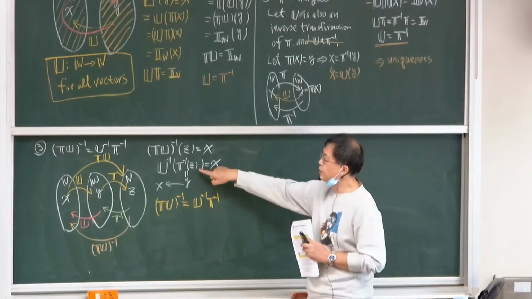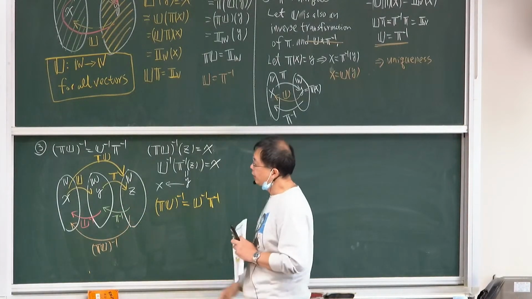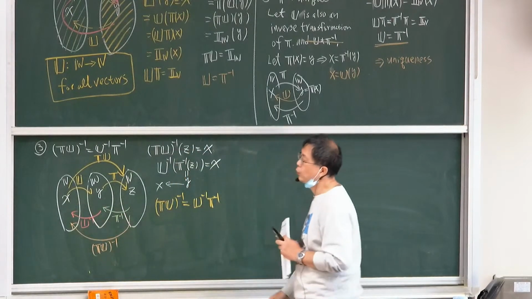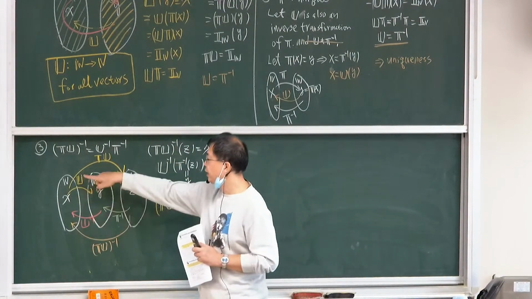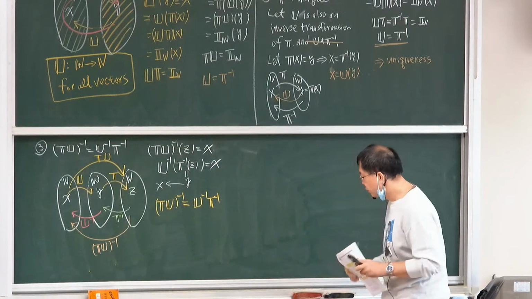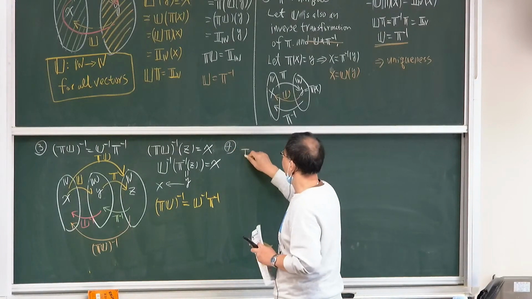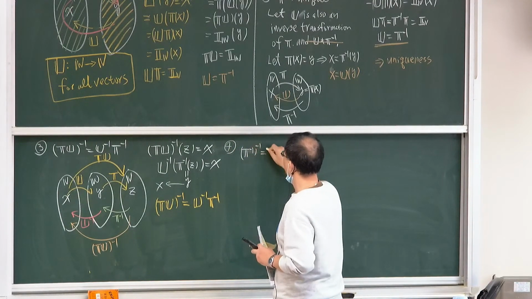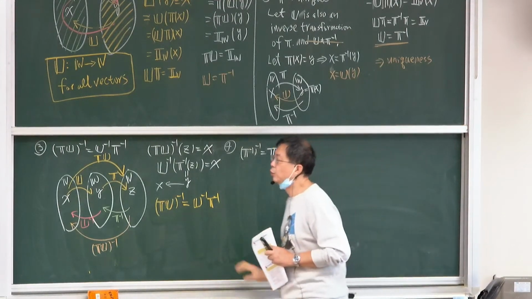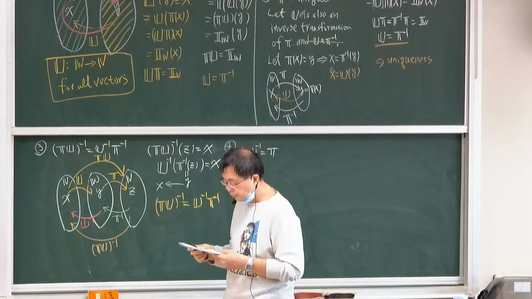We first transform Z back to Y by using the inverse transformation of T, and then transform Y back to X using the inverse transformation of U. If we go directly, that is the inverse transformation of TU. So then we get this result. And the first one, if I take the inverse of the inverse, it will be equal to T. I'm not going to show it again because it's similar to this diagram.